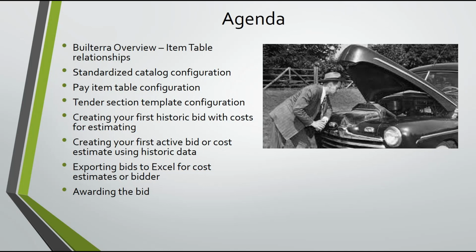Finally, exporting to Excel. That's our target for today, is to create a historic tender for cost estimating and an active tender for export to a bidder. Awarding the bid is just the final step of today's session.